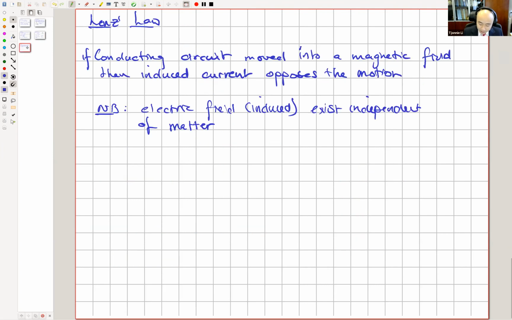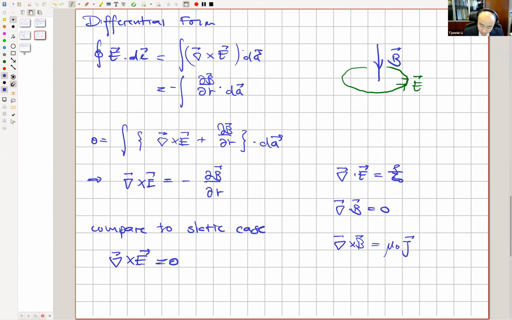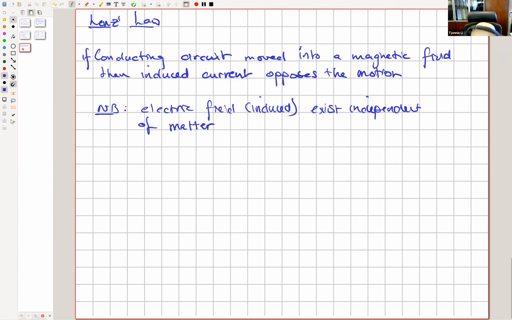Let me draw this again. Let's imagine that I've got some B field, I can't even draw a straight line, and it ends up inducing some E field.